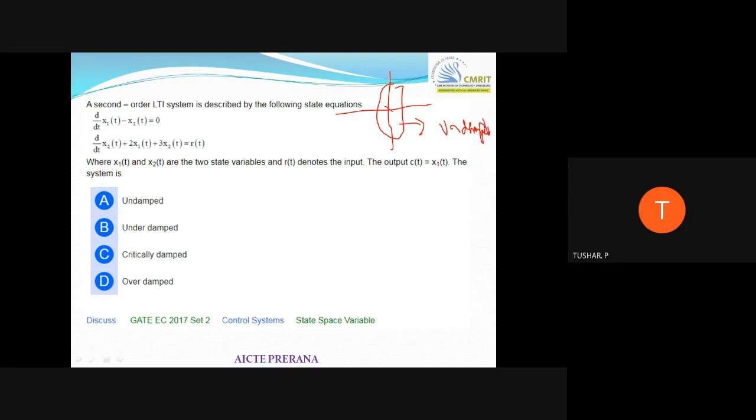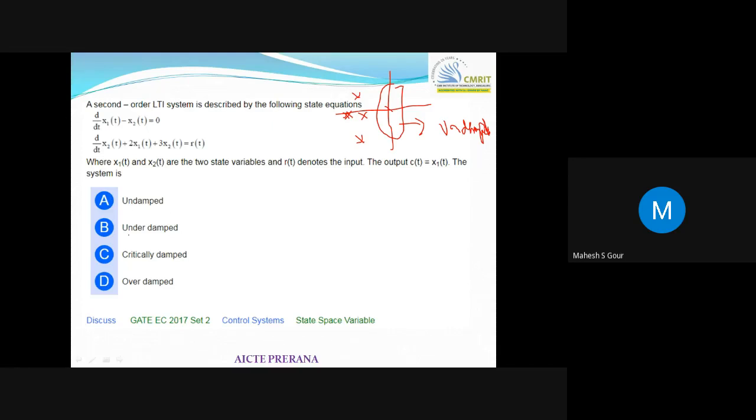With the figure. Yes, sir. And here it will be underdamped, if they are complex conjugate, right? And if they are roots on the negative real axis, it will be critically damped. And if they are different roots on the negative real axis, it will be overdamped. I think I have explained, right? So this was based on the zeta value, right?